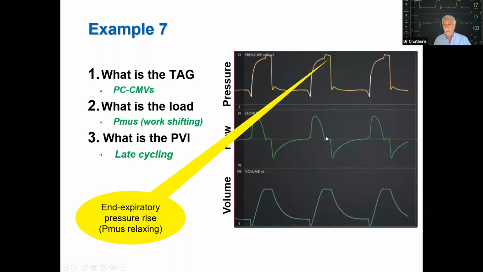And so as the patient relaxes, the airway pressure rises briefly. This may or may not have any clinical significance, but that indicates that the neural inspiratory time is shorter than the preset inspiratory time.